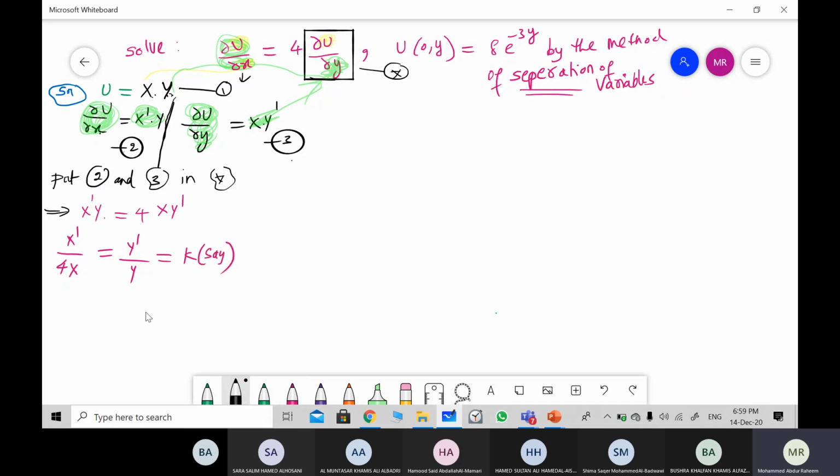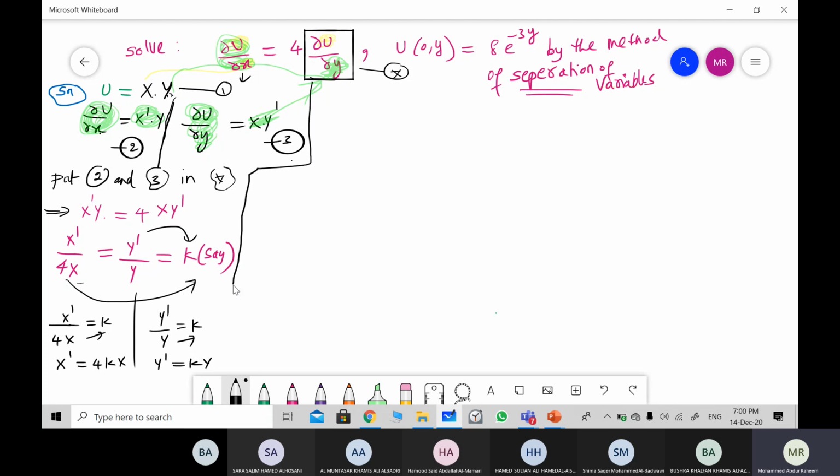From this, take these and separate. X dash divided by 4X is k. Another equation, Y dash over Y is k. So X dash minus 4kX is 0, and Y dash is kY.